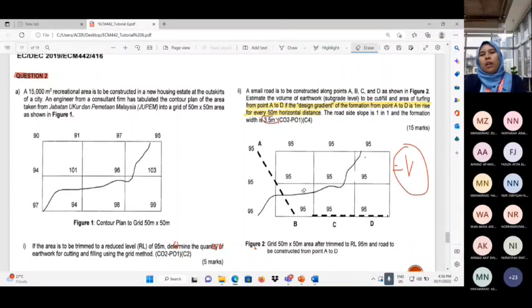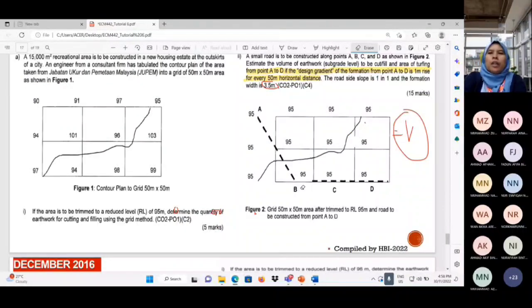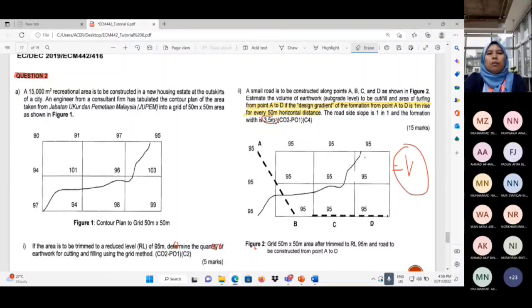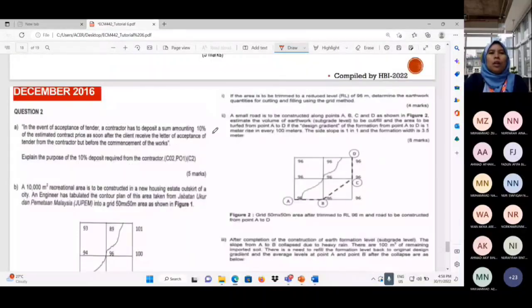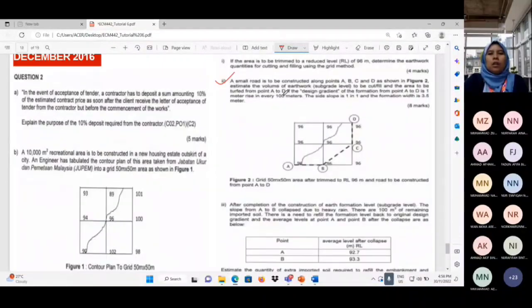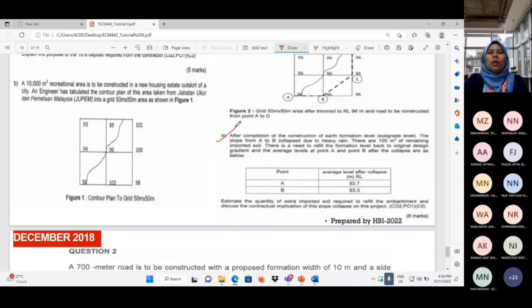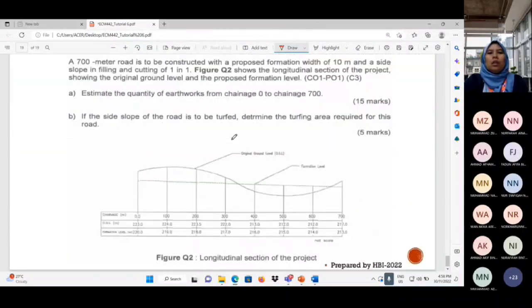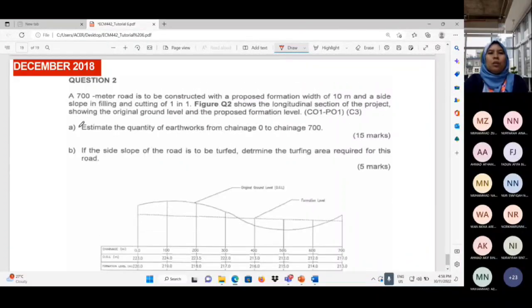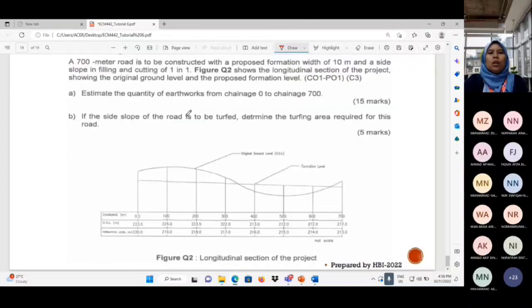Okay, you can try calculating. Practice this question, and the same for this other question. Try to practice, and for more, you can also answer that question.